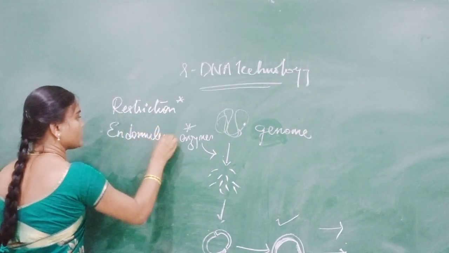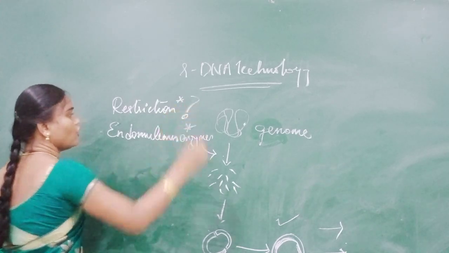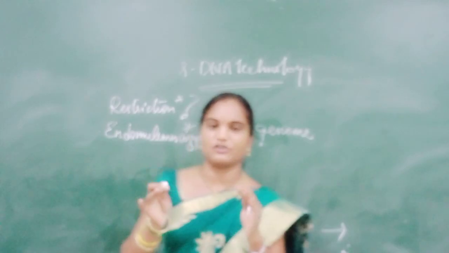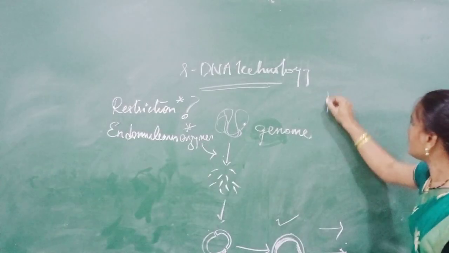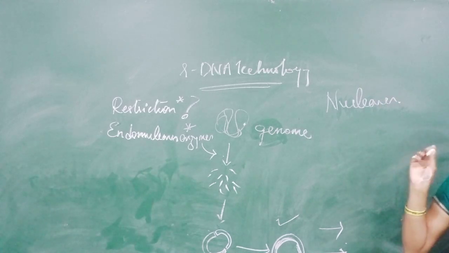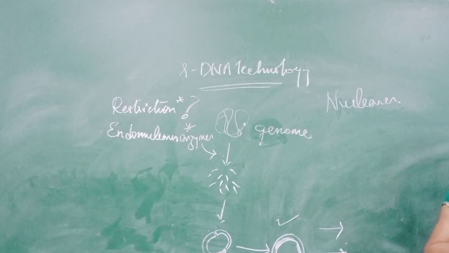So what are restriction endonucleases? Before going to restriction endonucleases, you must know what nucleases are. Nucleases are those enzymes which cleave your nucleic acids, both your DNA and your RNA.